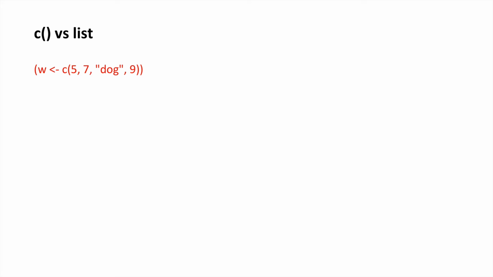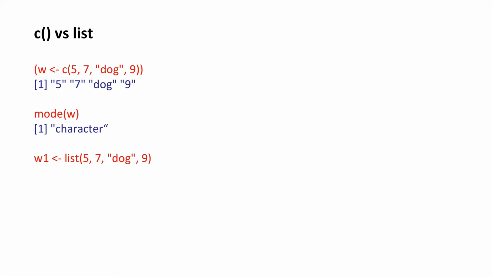Well, if we define it in this way and get it to print out, because we're using a concatenate operator which applies to vectors, then R goes to the lowest common denominator, which assumes that all of the individual elements, in this case, are all characters. So we can ask what the mode of w is, and we see that it's character.